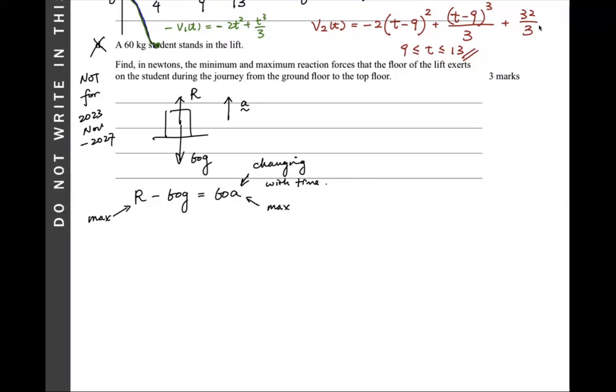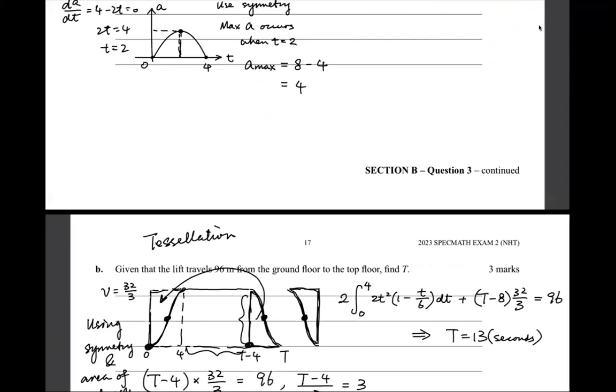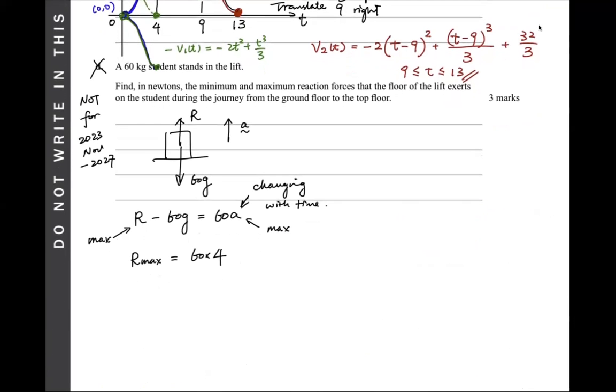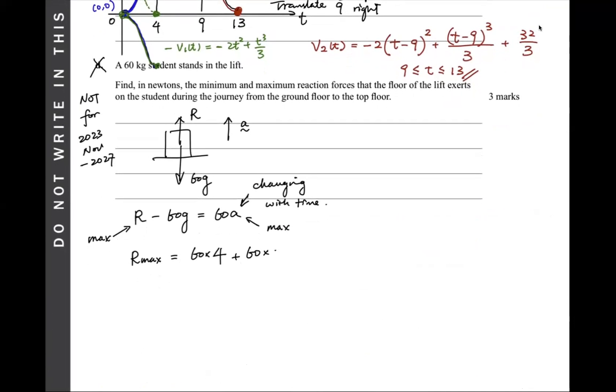Because 60g is just a constant. So R max equals 60 times the positive acceleration, which comes from the previous part, 4, plus 60g, which is 60 times 9.8, okay? To get the maximum reaction force, which is 828 newtons, okay?